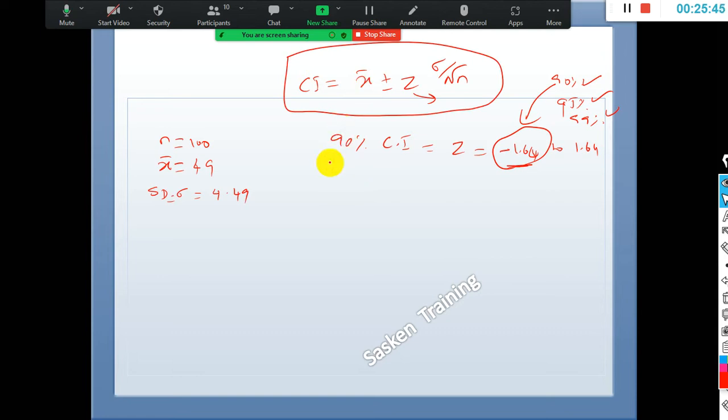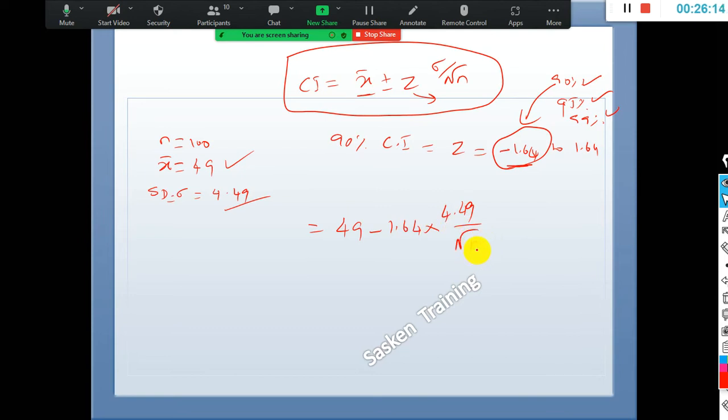Now we know the formula, so if you plug in the values, you can get it. What is my sample mean here? x bar is 49. First we need to find the lower bound: 49 minus 1.64 times 4.49, the population standard deviation, divided by the square root of the sample size.